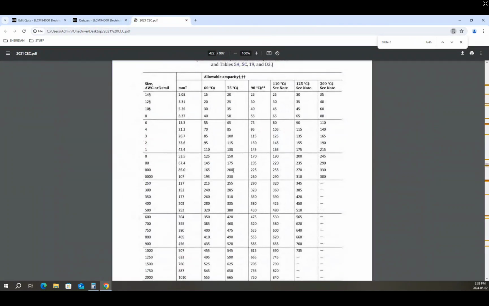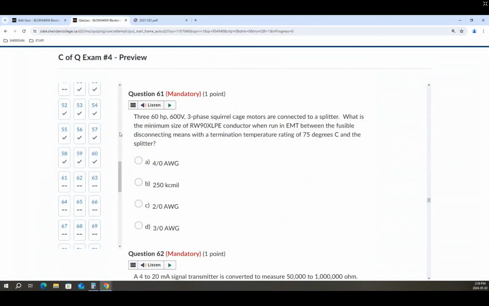I'm looking for 201, and I just went over 200. So I'm going to go up to 4/0.